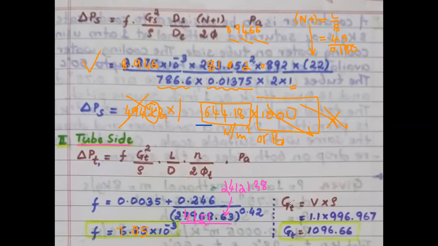Next, you go to GT. GT is the mass velocity that can be calculated as velocity in the tube times density. Velocity in the tube is given as 1.1. Density is 996.967. So therefore it is kg per meter square second.